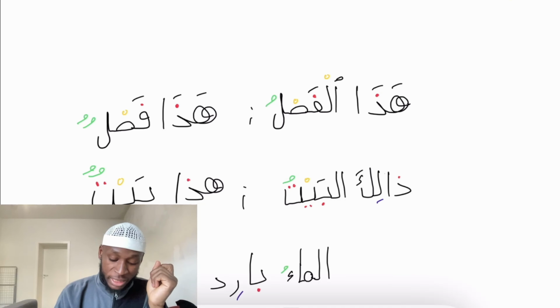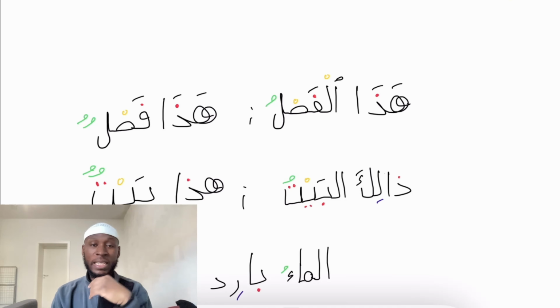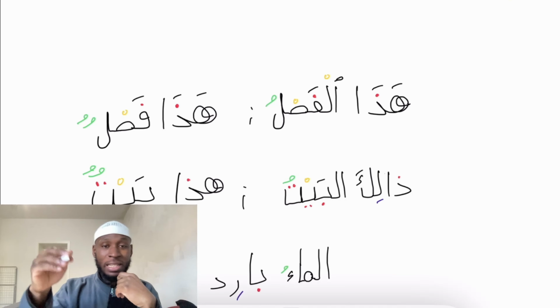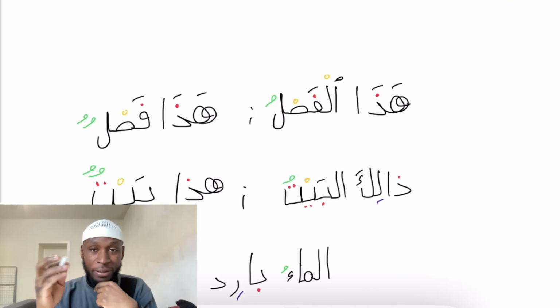What do we do then? Here we have our letter fa, with the fatha. We say fatha; it's the equivalent of our vowel a. So when we put f and a, we get fa.